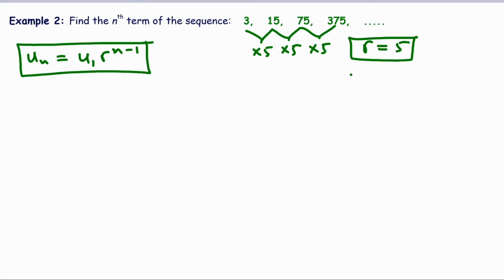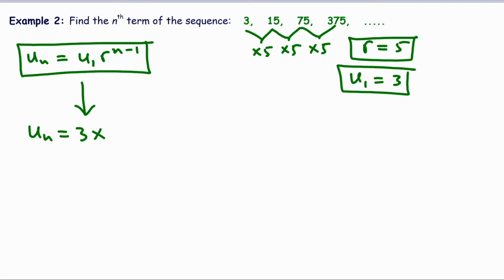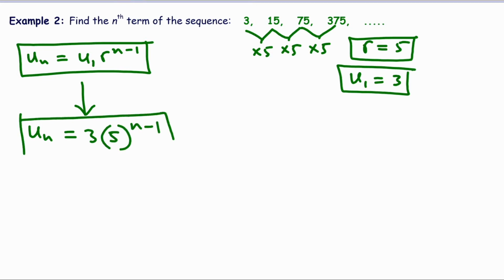By inspection, the first term is 3 for this particular sequence. So you just plug r and the first term into this formula. The nth term for this geometric sequence will be 3 multiplied by 5 to power n minus 1, and this will be the nth term of this sequence.